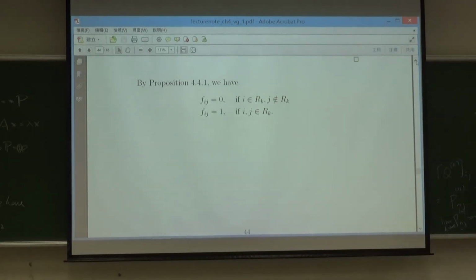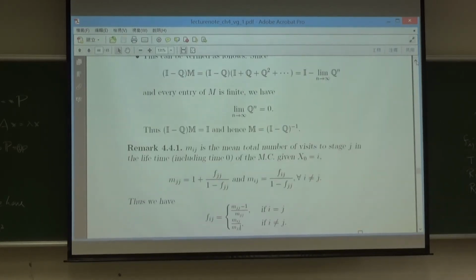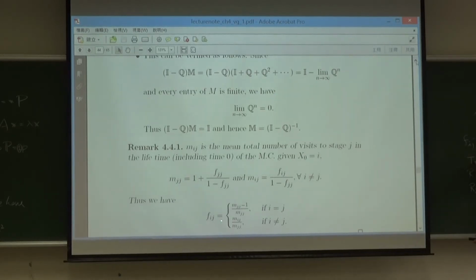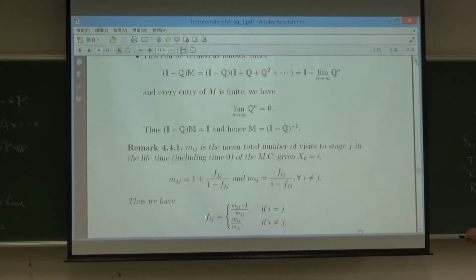So the picture is that in terms of F_ij, we have T, R1, R2, R1, R2. For here, we have already done it. We checked it, because for F_ij in the case i and j are transient states, we have a formula here.